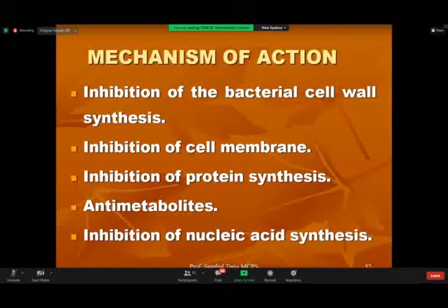I'm not saying it is the best way to treat a patient. I'm just saying from pharmacological point of view, it is better to know all the drugs and you can classify them into these groups.